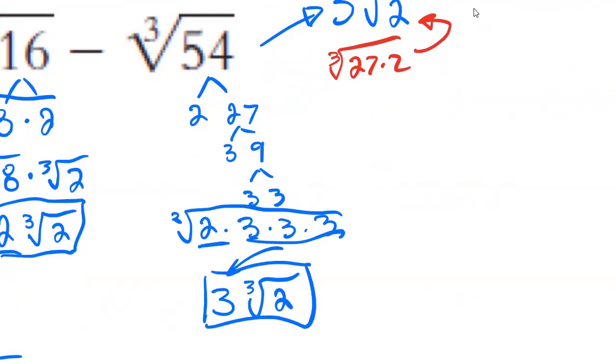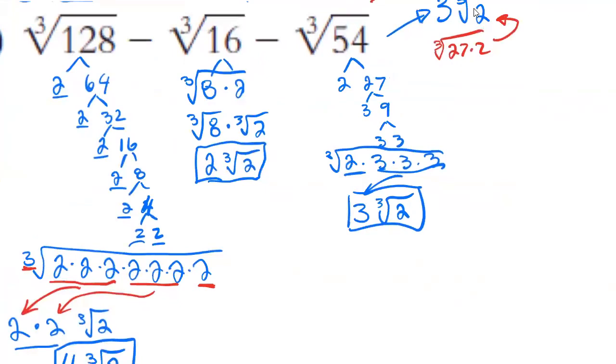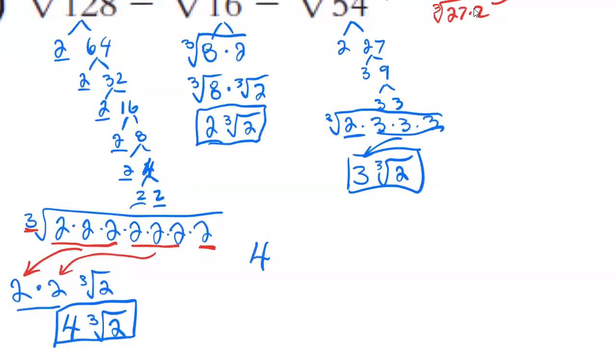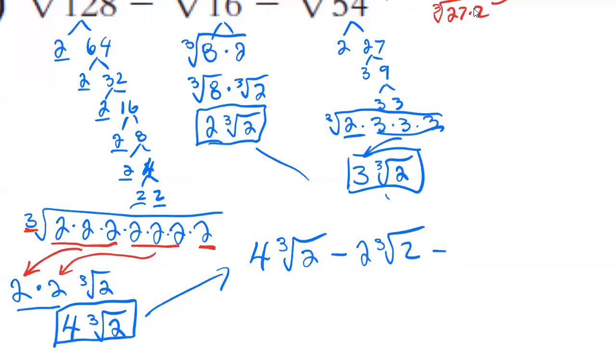There's my third term. Now I take those 3 terms, and in this case, I subtract each one of them. I go 4 cube root 2, that's that one, minus 2 cube root 2 minus 3 cube root 2.